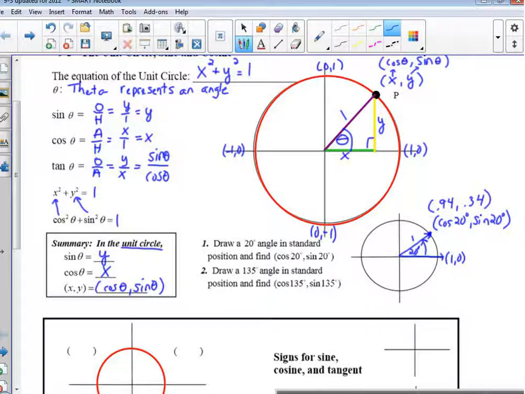Draw a 135 degree angle in standard position, so that angle would be over here. So that angle would be 135. Notice that you could draw another triangle going down over here, and it could be similar, if not identical, to a triangle in quadrant 1.